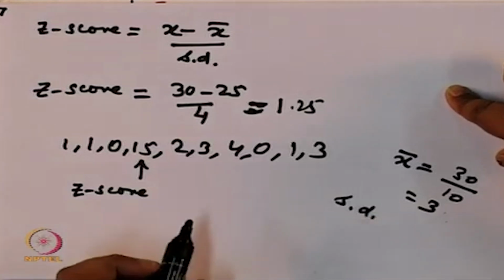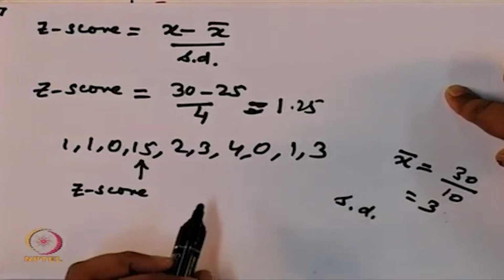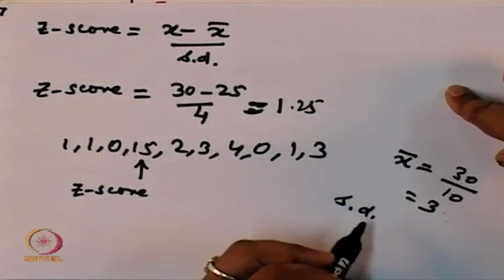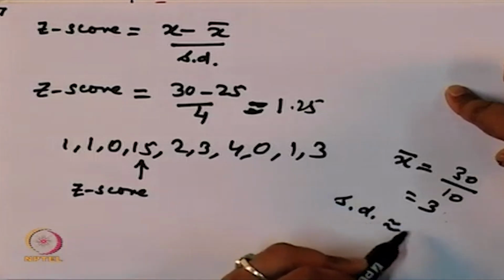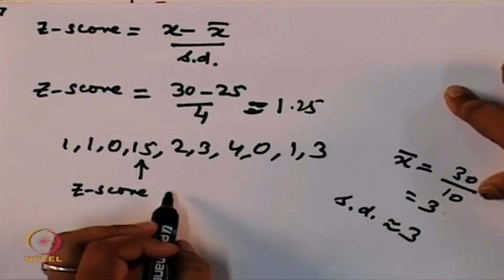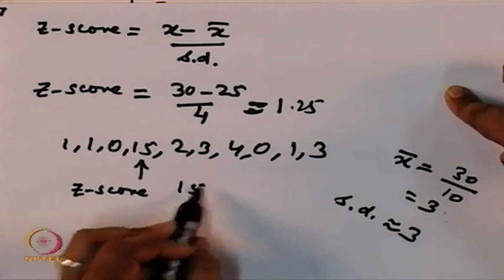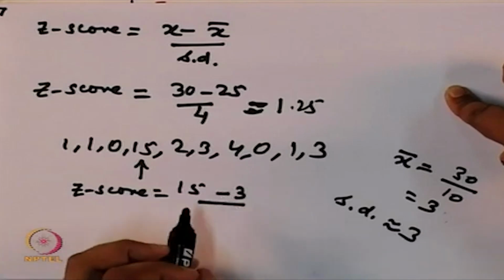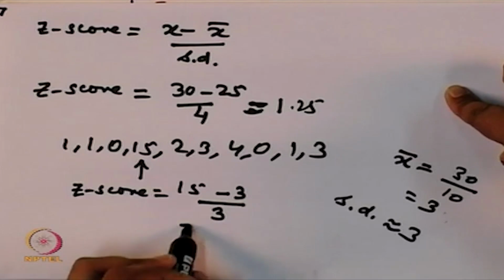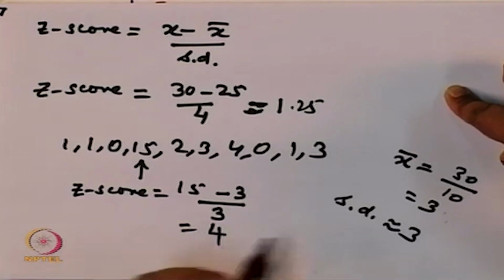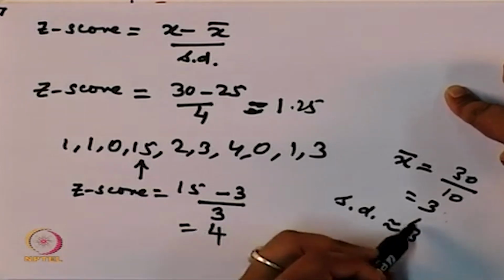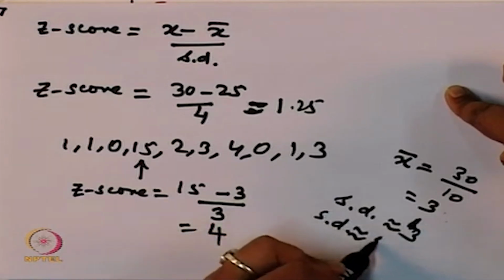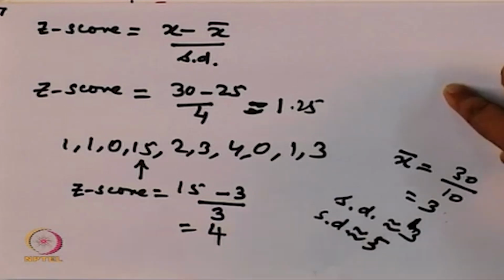The standard deviation, let us say of order 3, then my z score of 15 will give me 15 minus x bar, which is 3, divided by 3, giving a value of 4. But I think the standard deviation will probably be of order 4 or higher, 5.